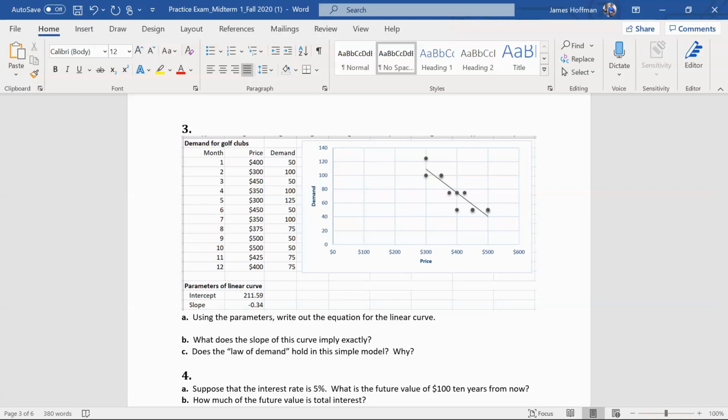Your y variable is demand. You're trying to see how price affects demand. So demand equals, and you can start with the intercept. The intercept of this relationship is 211.59.